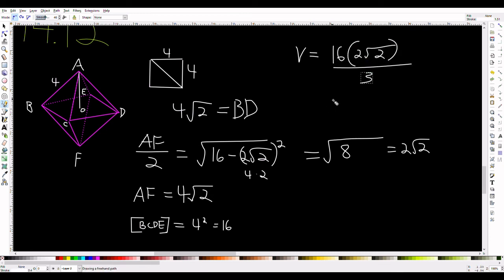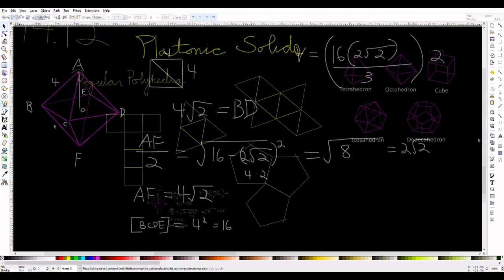And that's only going to give us half of our volume. So we need to multiply that whole thing by 2. Reduce that down on your own, and you will have completed 14.12. Congratulations.